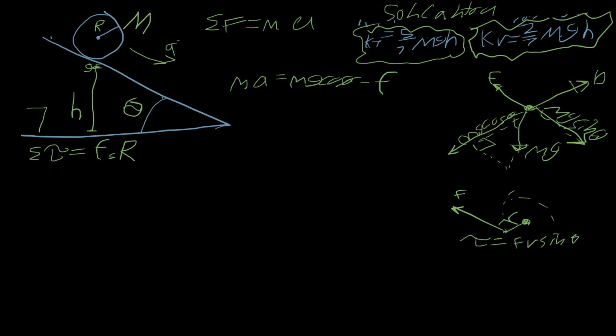Now we need to know what torque's going to be. We know that torque is equal to, it's going to be similar to the sum of the forces equal to, which is going to be the inertia times the rotational acceleration.